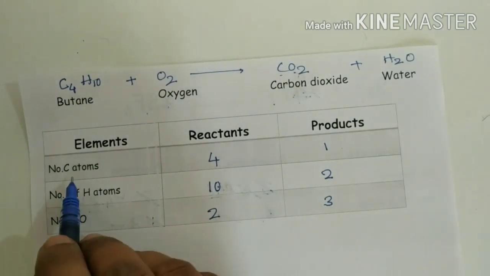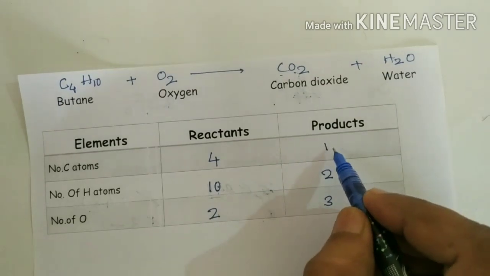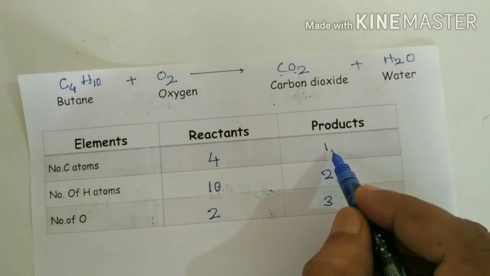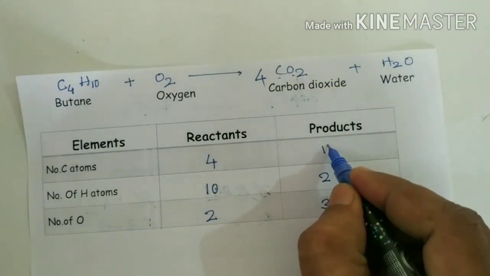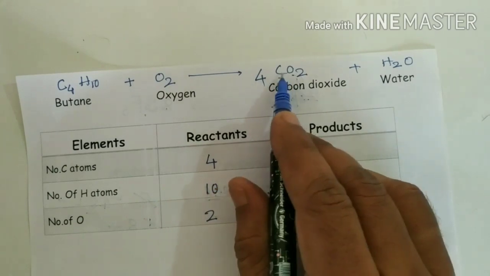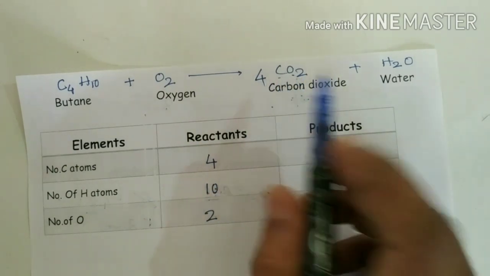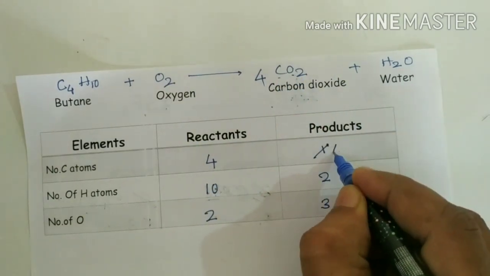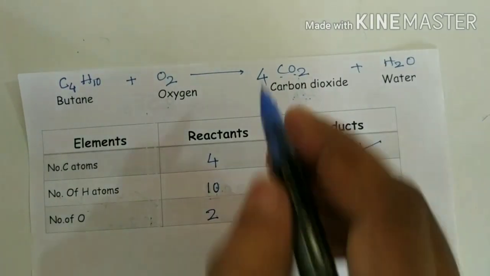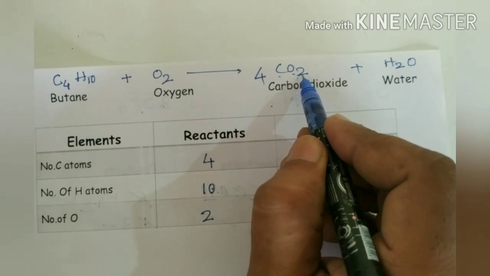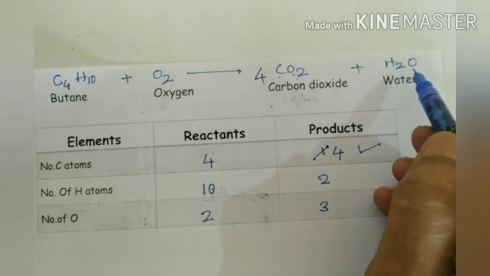See, carbon here is 4 and there is 4. To balance this chemical equation, I will write 4 behind the carbon dioxide. When I write the carbon dioxide coefficient 4, the carbon atom is 4 on both sides, so it is now equal. 4 of 2 is 8 plus 1, 9.